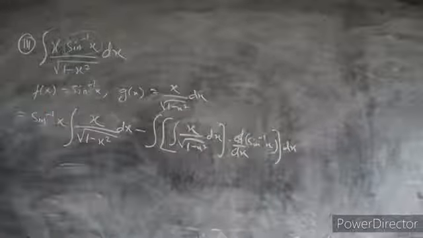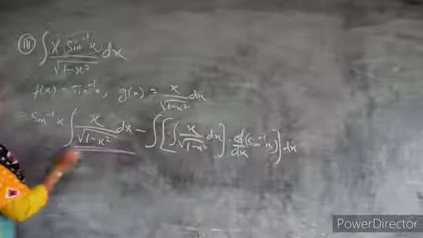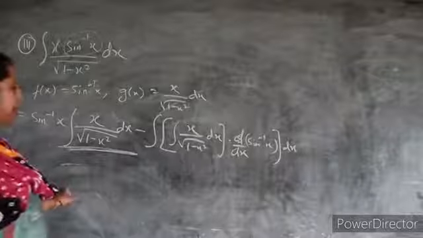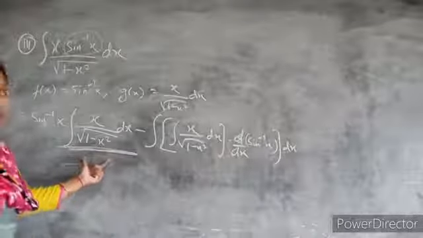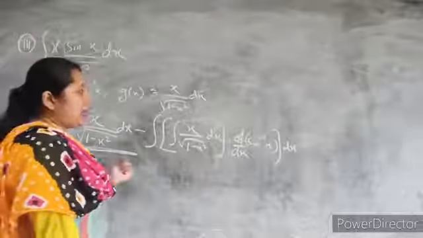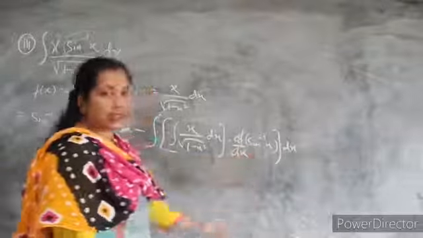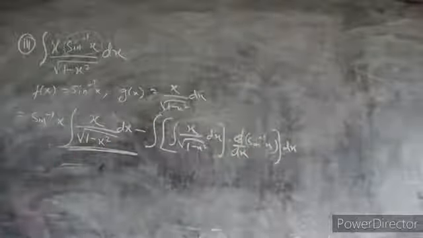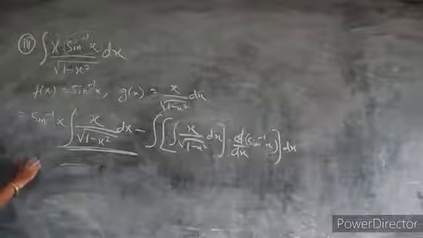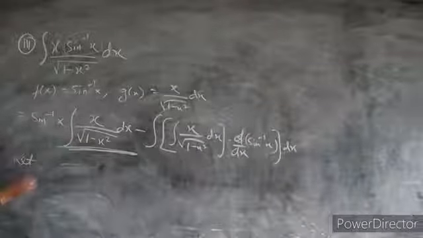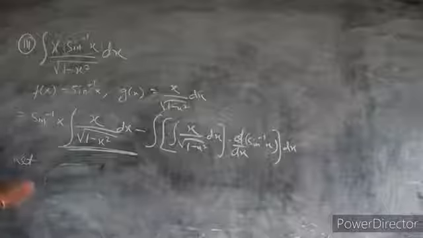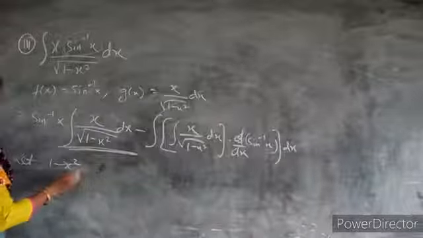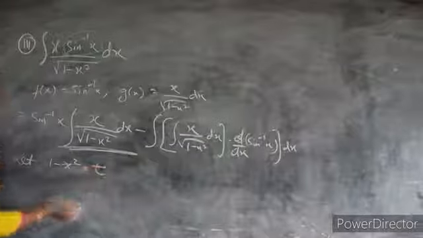Okay, so here this part will be solved by the substitution method. According to substitution method, we have to solve this part, and d/dx of sin inverse x we all know. So now see here, let 1 minus x square equal to t.